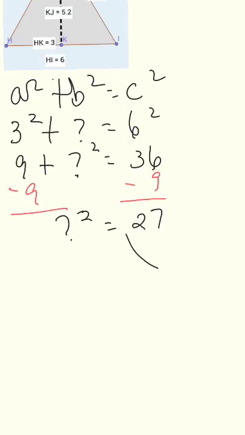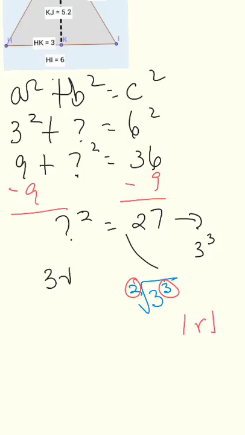So if I take the square root of 3 cubed, I'm going to take this 2 and divide it into 3. That means we have 1 with a remainder of 1. That means one 3 can come outside and one 3 remains under. So 3 square root of 3 is equal to our height.